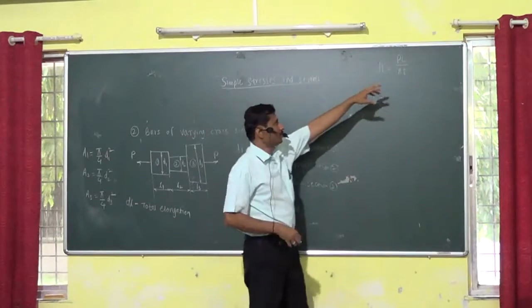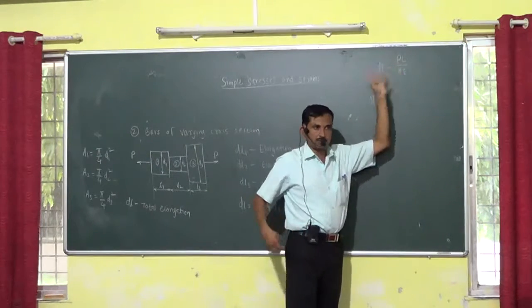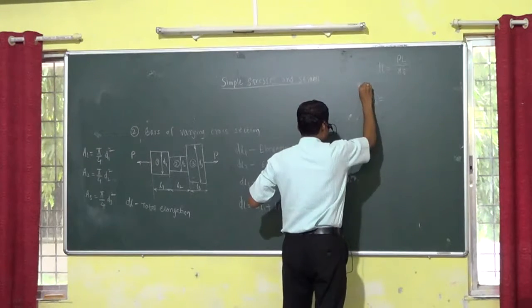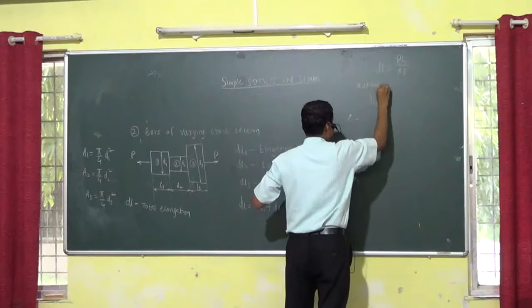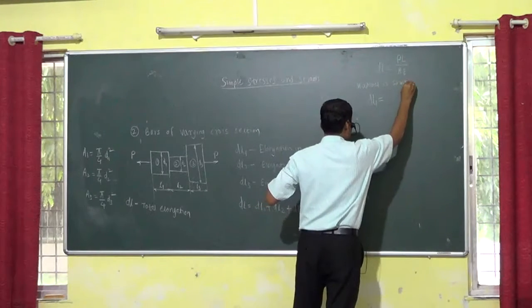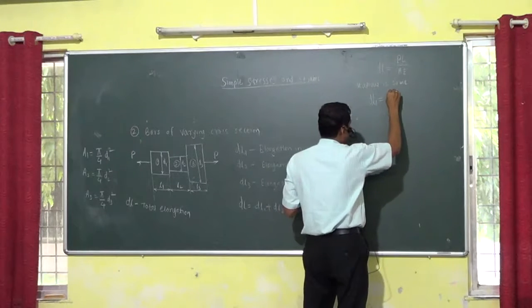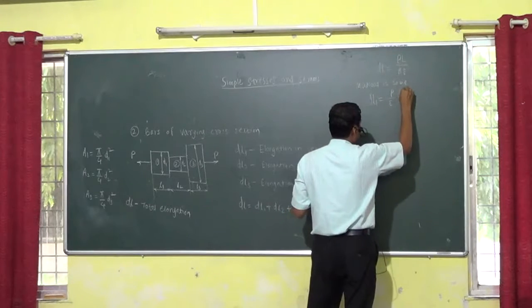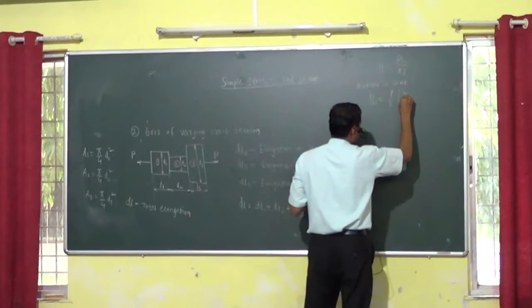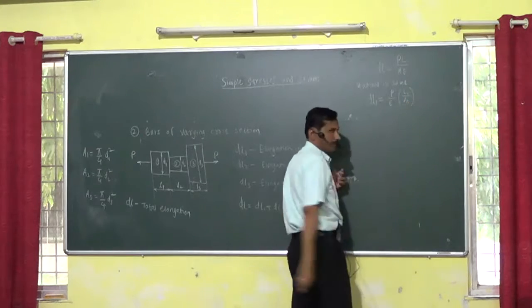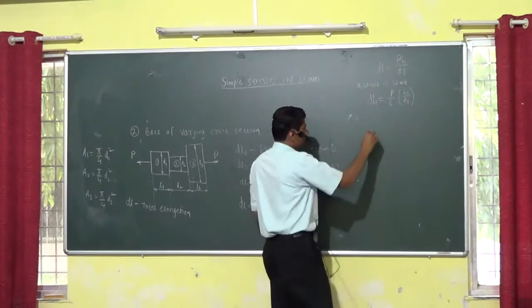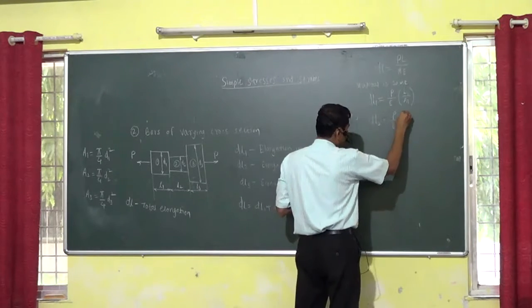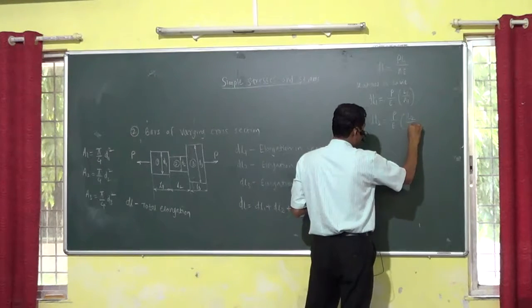The changing things are only length and cross-sectional area. With the assumption that the material is the same, DL1 is equal to P upon E into bracket L1 upon A1. Similarly, elongation in section 2, DL2, will be P upon E into bracket L2 upon A2.